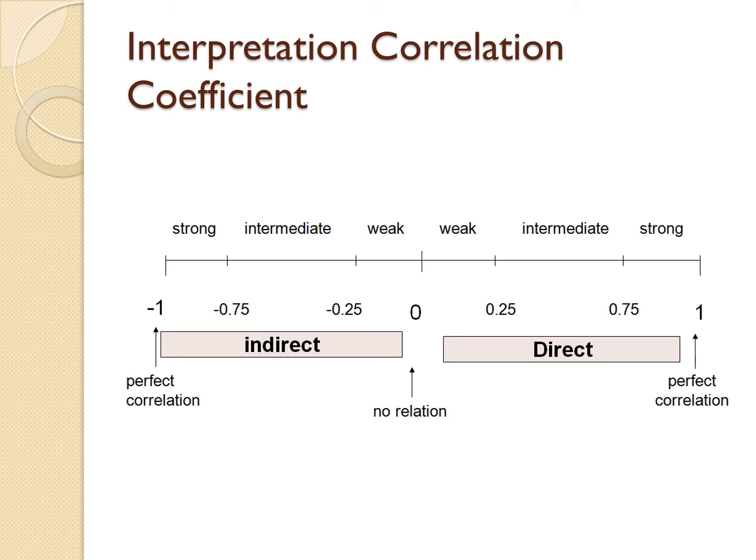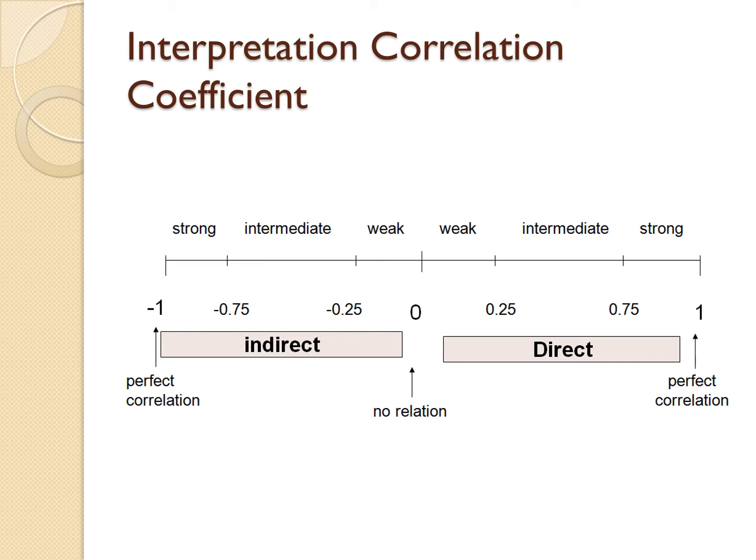The closer the value of the correlation coefficient is to -1, the stronger the negative linear relationship is. This means that there is an inverse or indirect relationship between the two variables, meaning that an increase in one variable is associated with a decrease in the other. However, when the correlation coefficient is closer to 1, it shows a stronger positive linear relationship.